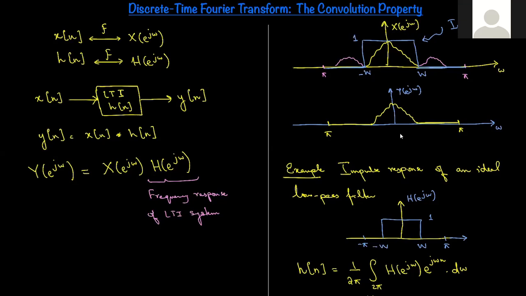This is an ideal low pass filter. If I do this multiplication of the blue signal with the Fourier transform of the original signal X of e raised to j omega, the output I'm going to get is just this copy left out and this one cancelled out. So the yellow one passes and the pink one is just blocked out, and that's why LTI systems are also known as filters, because they filter something out.